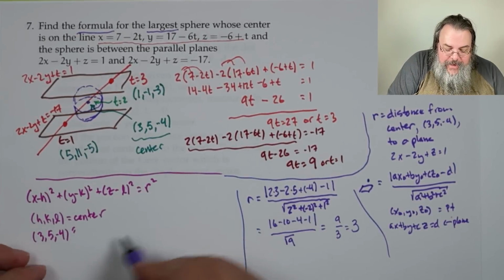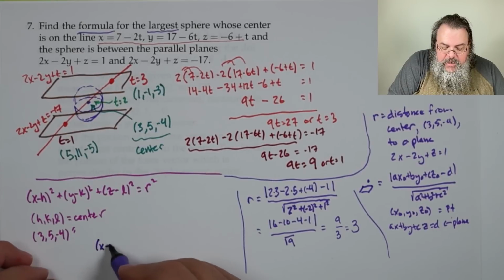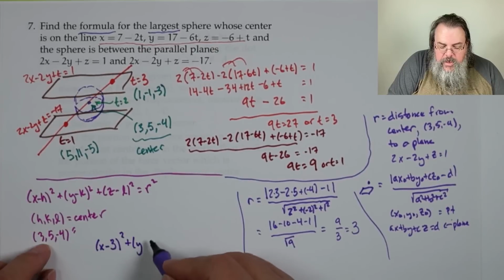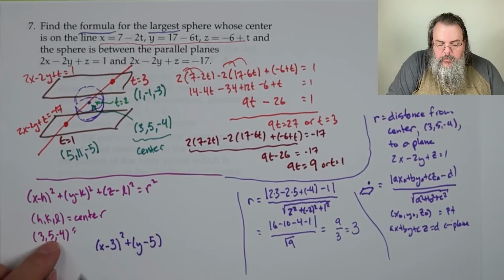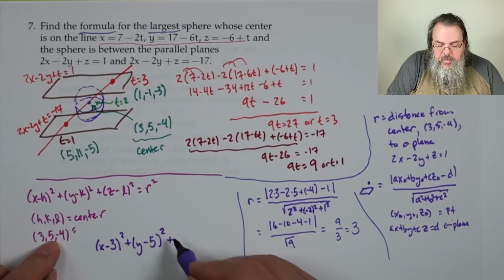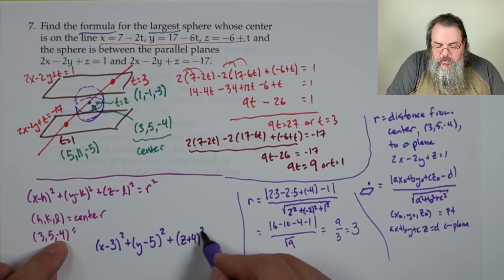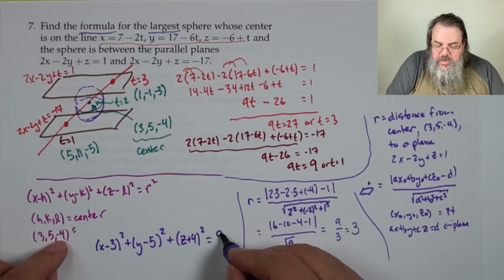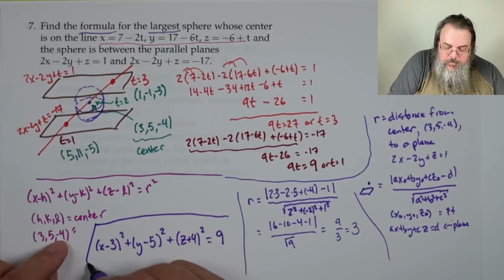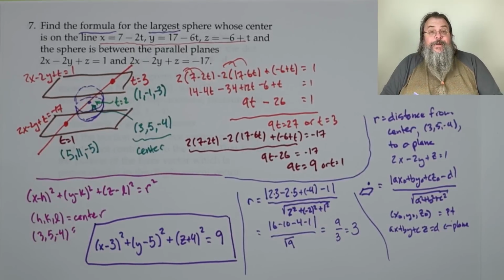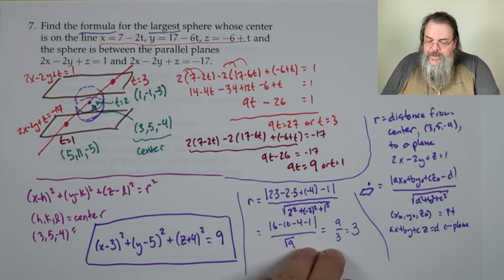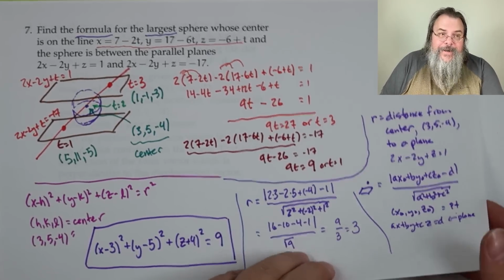So our final answer is x minus your x coordinate squared plus y minus your y coordinate squared plus z minus, and minus minus makes a plus, so z plus 4 squared equals r squared, which will be 9. And there we go. All right, good. Whew, that was a fun one.